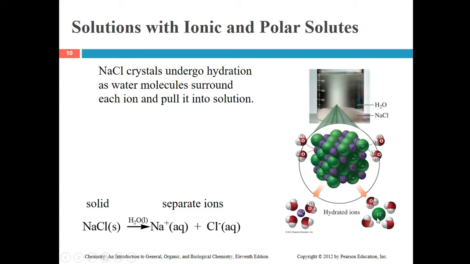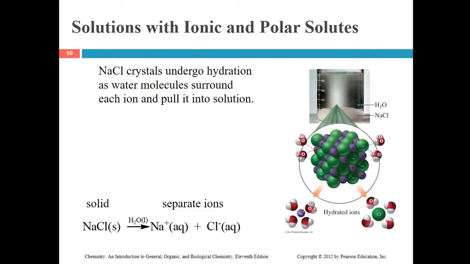And not to be left out, the chloride ion, which is negative, also has this major attraction to the partially positive charges of water, which are the partially positive hydrogens there. So that's totally surrounded.